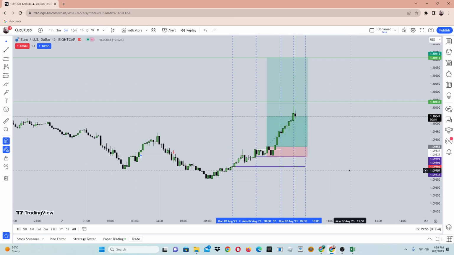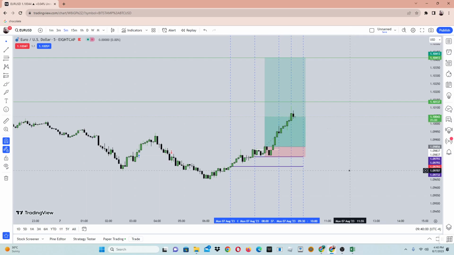process and on my discipline, I will be refining my strategy, and this refinement will give me higher probability of winning, even though it will give me lower opportunity going into the market, but it will give me higher probability, and my strategy has a very high risk to reward ratio.